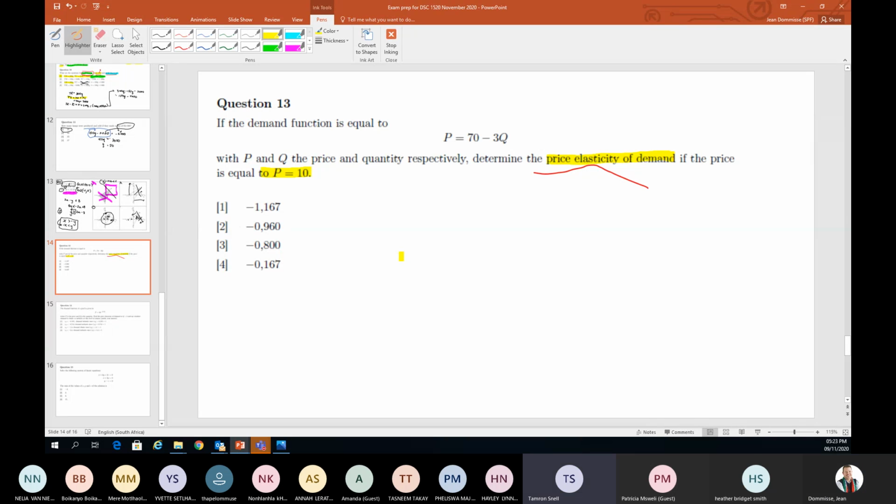In the 2019 October-November paper, question 10 is: determine the point price elasticity of demand where P equals 51. And I couldn't get anywhere close to any of the answers that they gave me as an option. That is quite interesting, because the two are very similar.